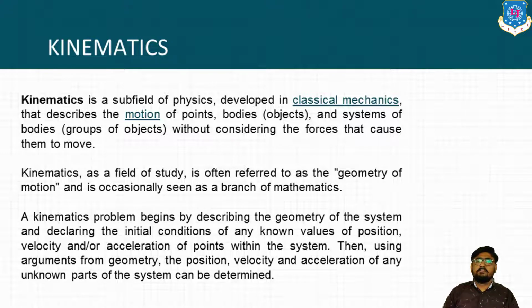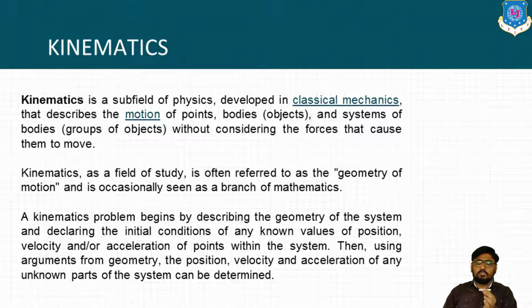As you can see in the definition, kinematics is a subfield of physics, developed in classical mechanics, that describes the motion of points, bodies and systems of bodies without considering the force that causes them to move. We are studying the motion but not the cause of the motion. Kinematics as a field of study is often referred to as the geometry of motion.